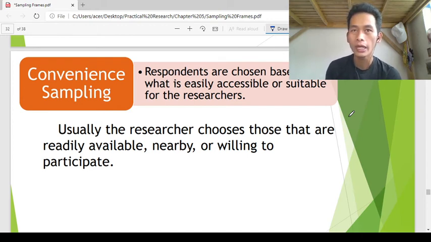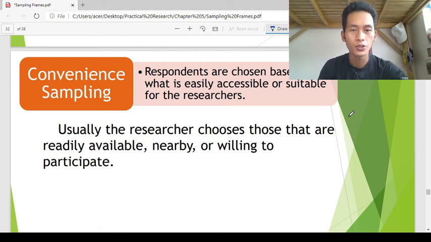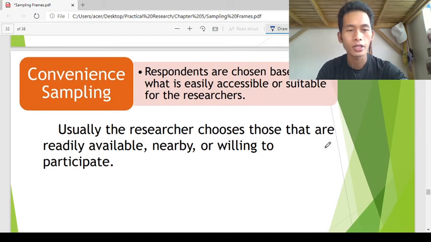Meaning, the way researchers select respondents depends on their accessibility. Usually, the researcher chooses those that are readily available, nearby, or willing to participate.